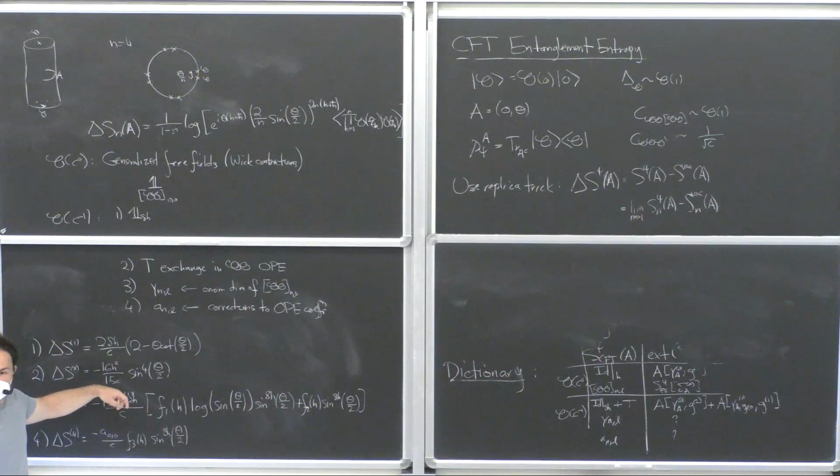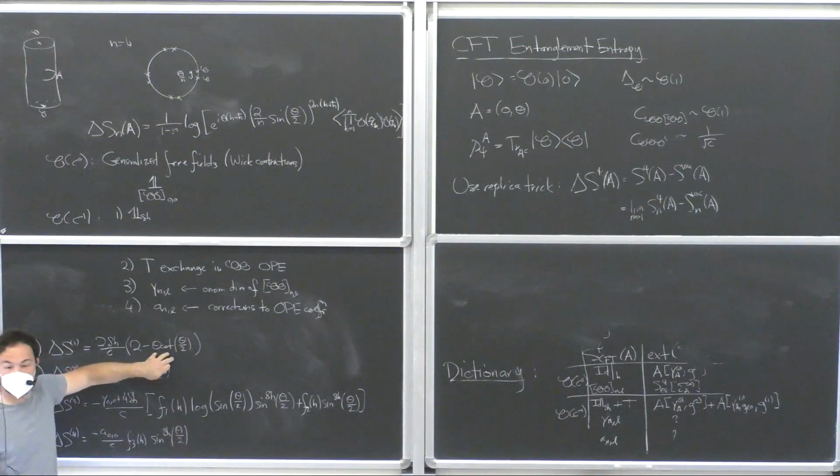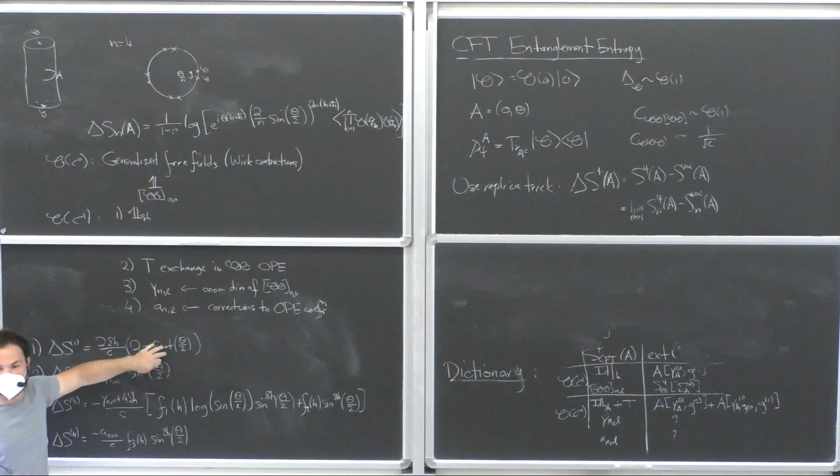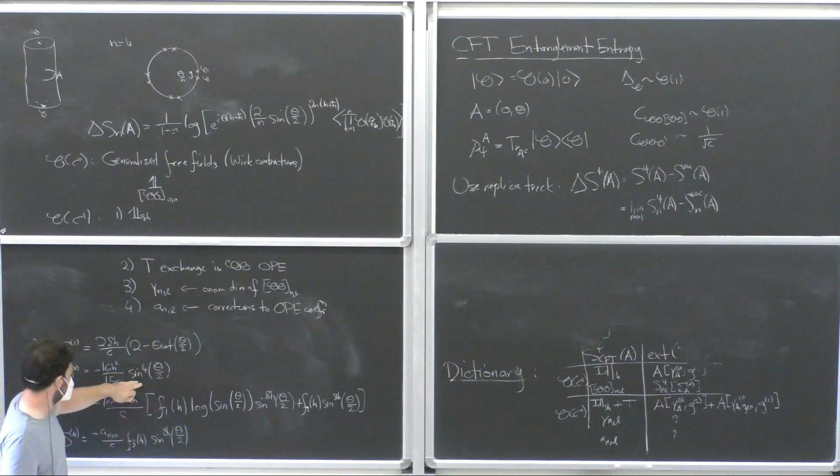Yeah. Now the thing I'm worried about is that because I'm only taking the lowest order in theta in each, how do I know that if I were to keep computing to higher orders in theta at 1, I wouldn't get a theta to the 4th term that would complicate my ability to match delta S2? No, you do get order theta to the 4th terms here that you have to consider. There are subleading terms that I didn't write, but this is the term coming from the stress tensor.